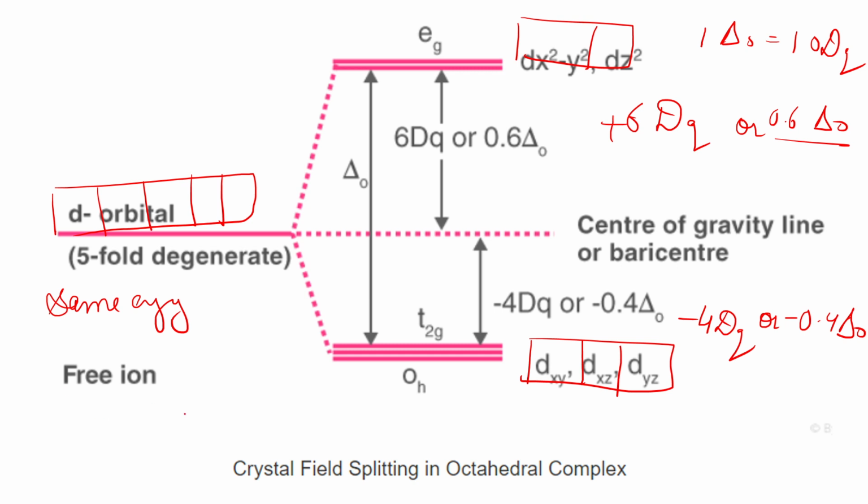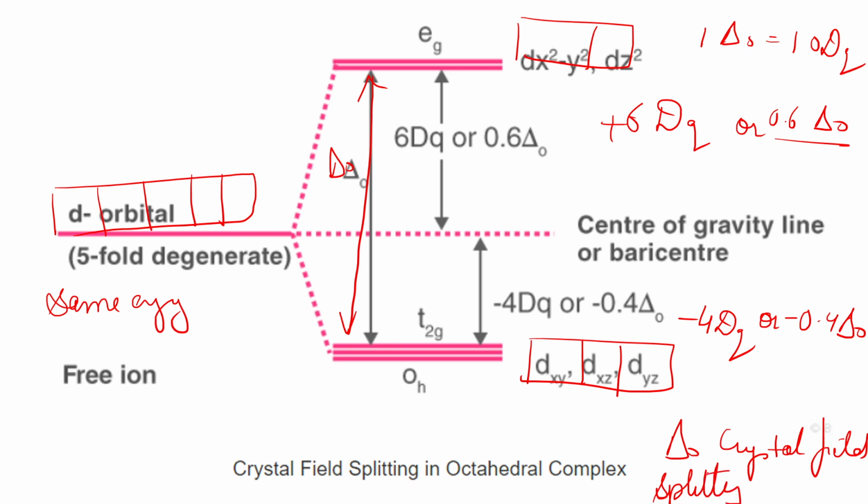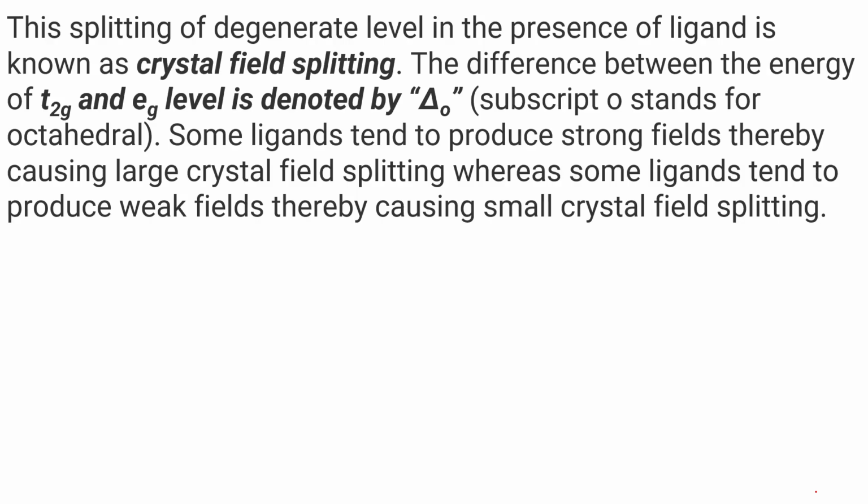This is the splitting in octahedral complexes, and the difference is called delta O, the crystal field splitting energy. The splitting of the degenerate levels in the presence of a ligand is known as crystal field splitting.